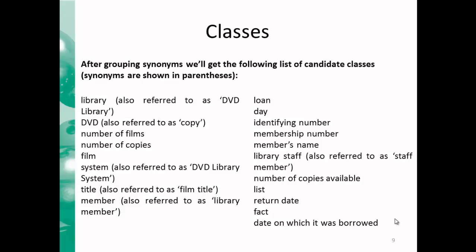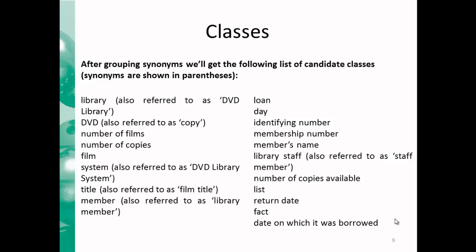Now we take the list of all the identified nouns and noun phrases and we list them as candidates to be classes in our system. As you can see, we didn't repeat the same names again.